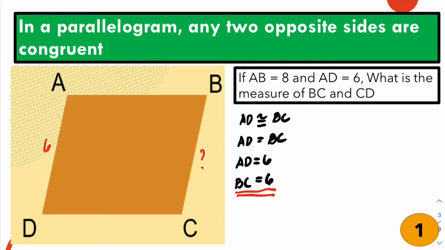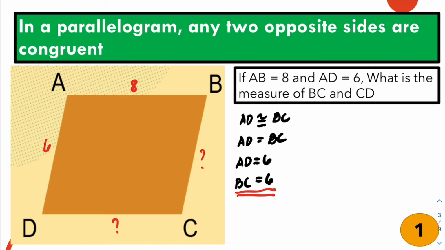Now, let us find the value of CD. Okay, CD is the opposite side of side AB. Now, the measure of AB is 8. Let us go back to the properties that opposite sides of parallelogram are congruent.